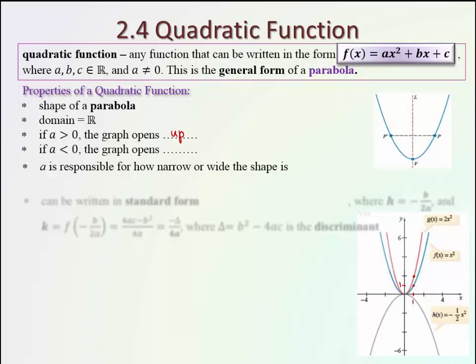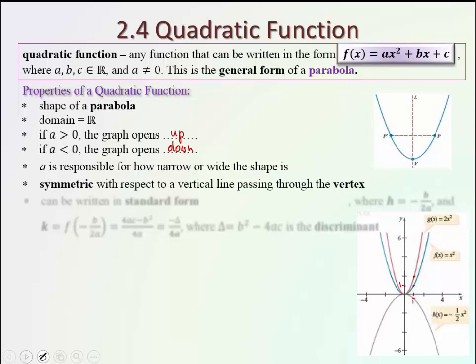In this particular case, if x is 1, the value is negative 1/2, approximately here, therefore the graph opens down. So if a is negative, the graph opens down. As we see on this diagram, a is really responsible for how narrow or how wide our function is, and also whether the function has arms up or down.